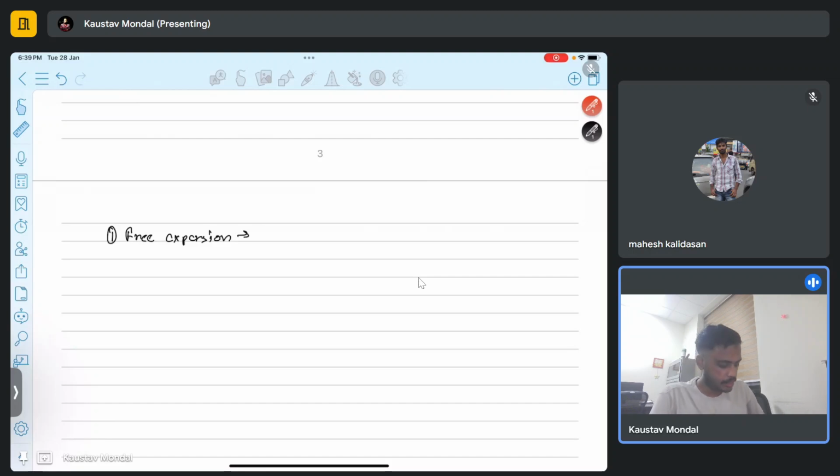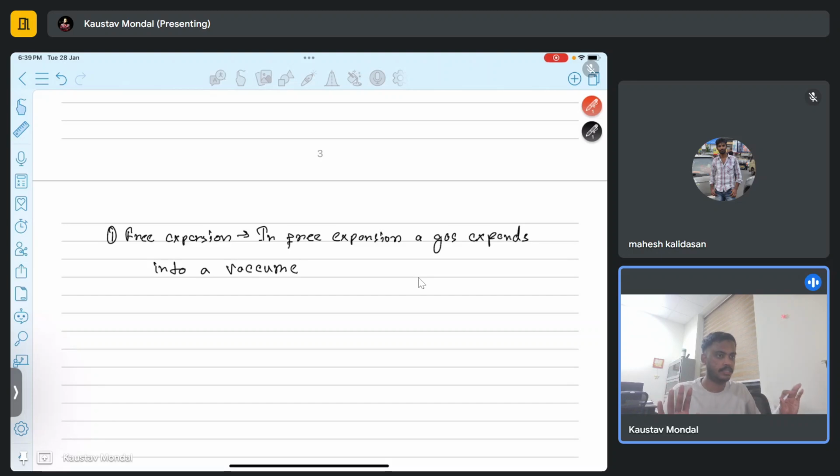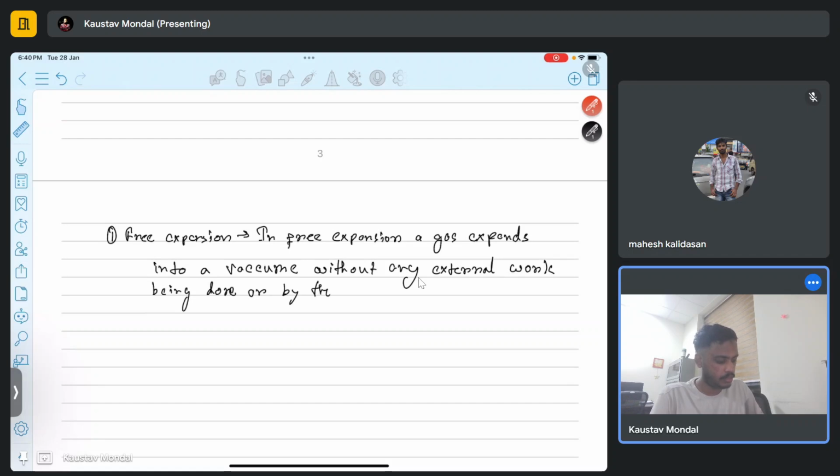In free expansion, a gas expands into a vacuum, without any external work being done by the gas.